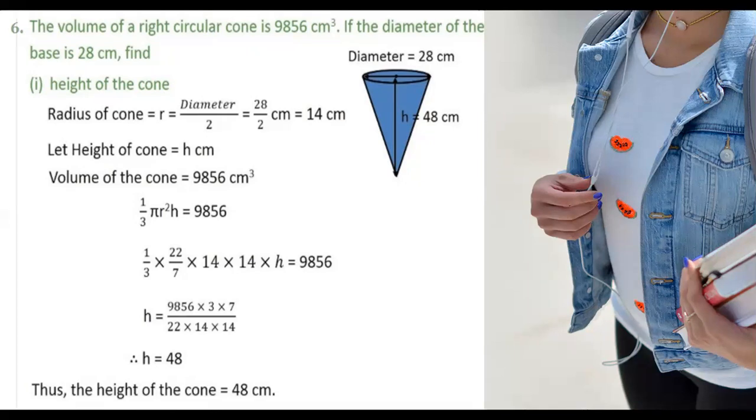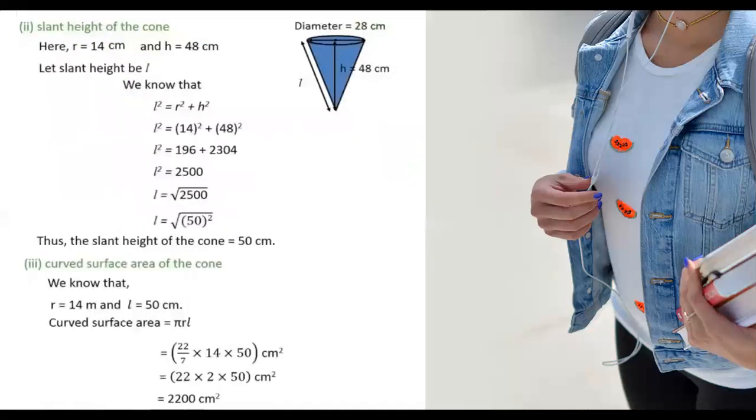So 1 by 3 pi r square h is equal to 9856 centimeter cube. Now substituting the pi value as 22 by 7 and r as 14 centimeters, and by solving it we get h as 48 centimeters. Thus the height of the cone is 48 centimeters.